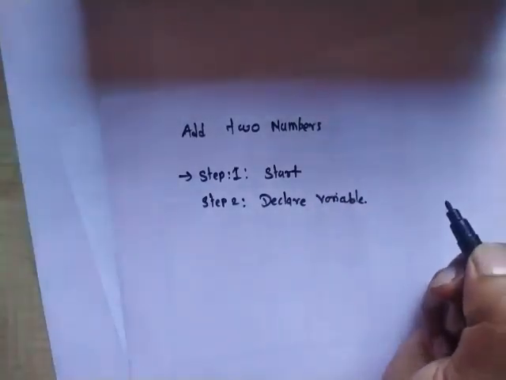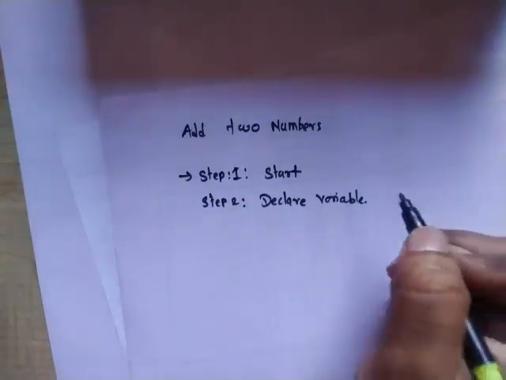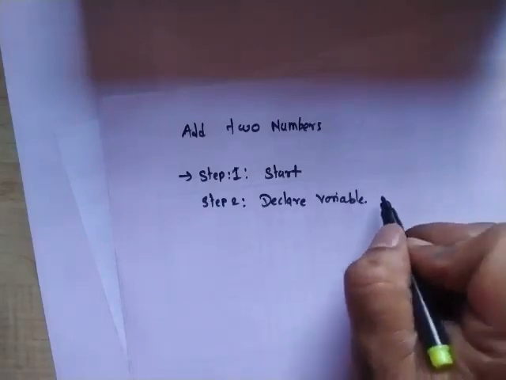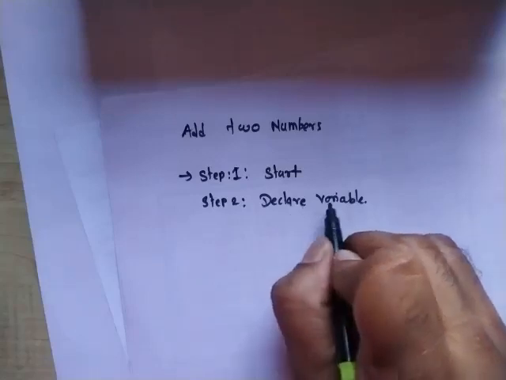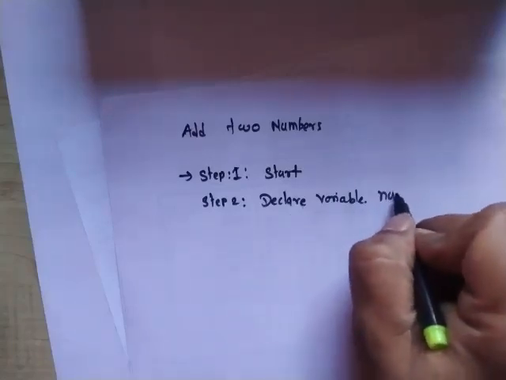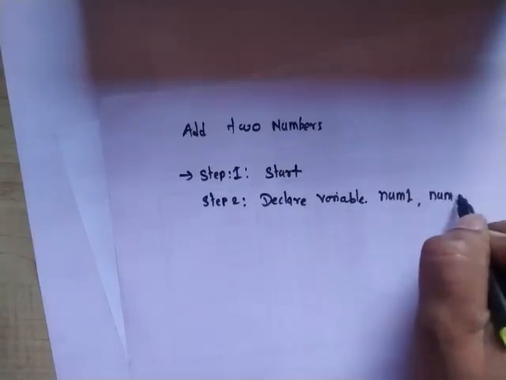Since we are going to add two numbers, we require two variables to collect the numbers from the user side. So initially we declare two variables, num1 and num2.